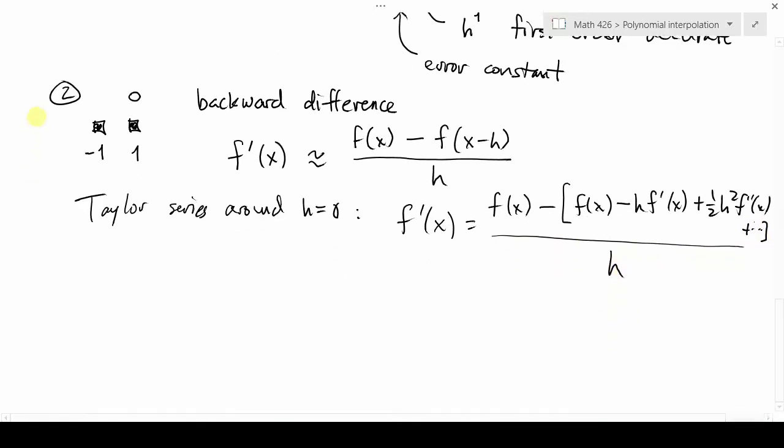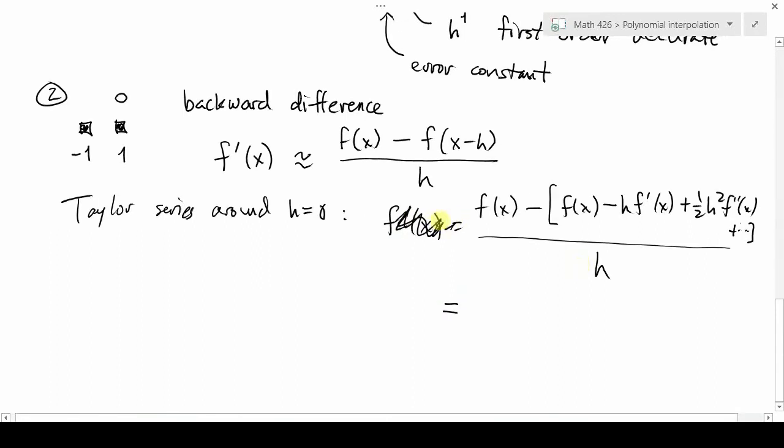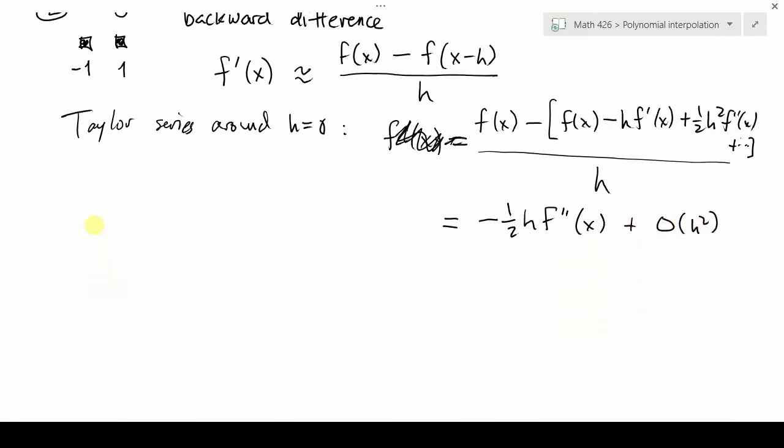All right, so that's equal to, sorry, this is not f prime of x. This is the finite difference, right? So it's just equal to the line above it. And then this is minus 1/2 h f double prime of x, and then the next term is higher. So again, this is first order accurate.